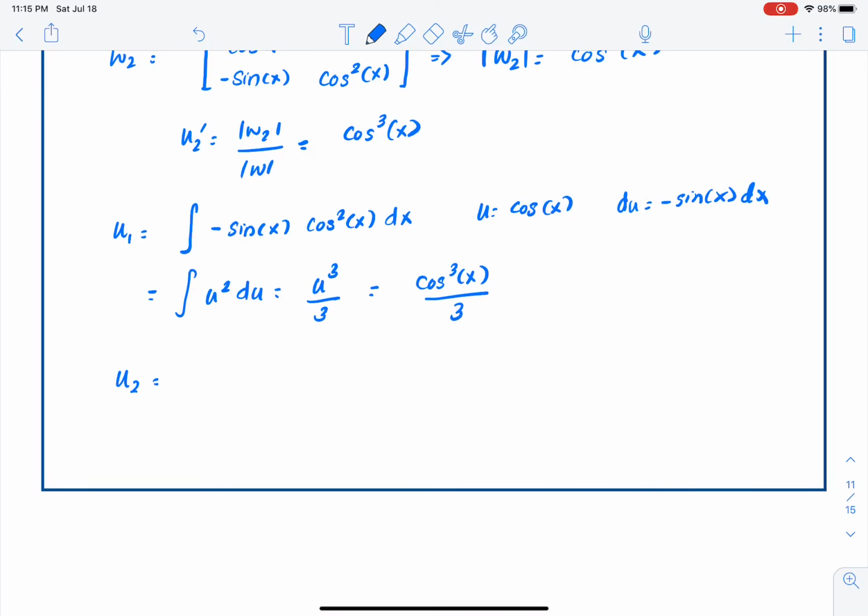u2 is the integral of cosine cubed x dx. Now, the best way to integrate this is to rewrite it as cosine x times 1 minus sine squared x dx, distribute the cosine x.